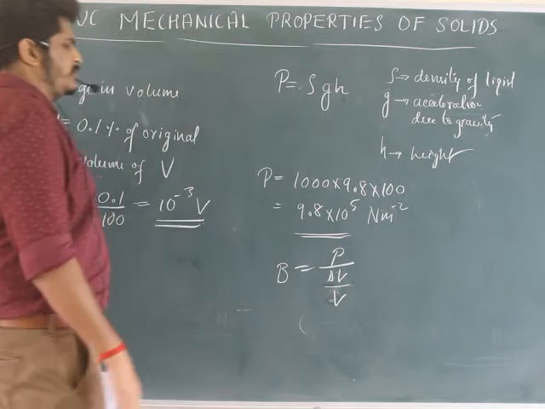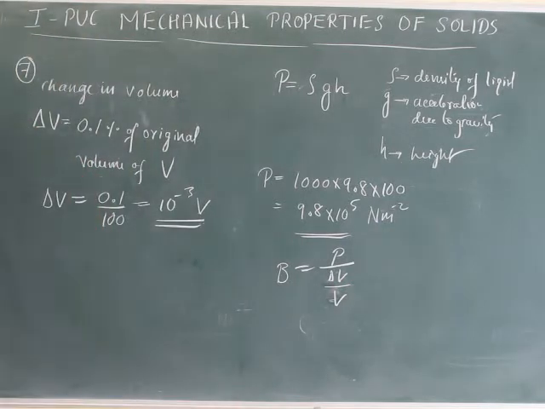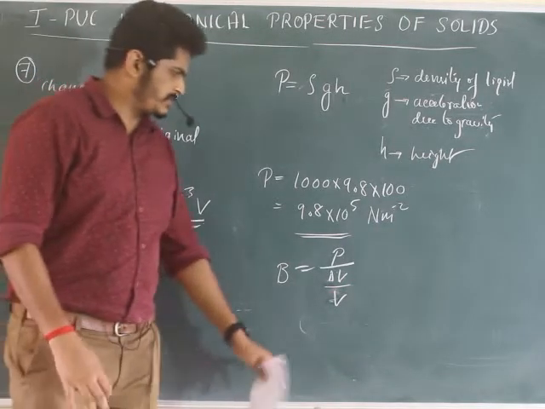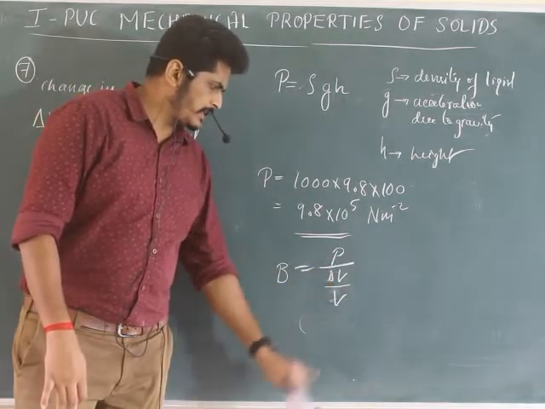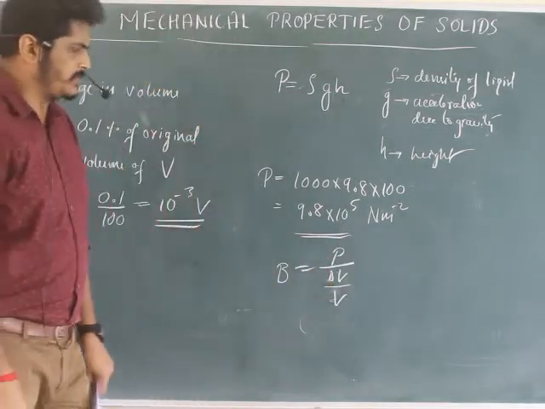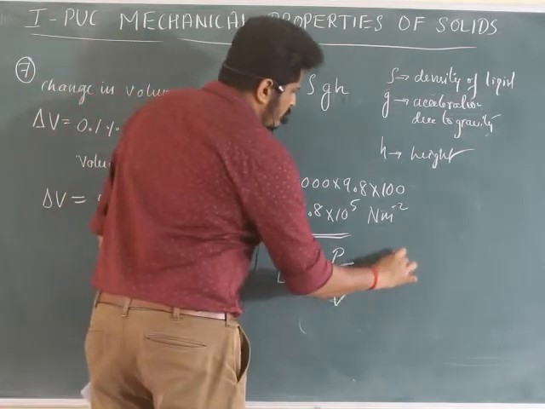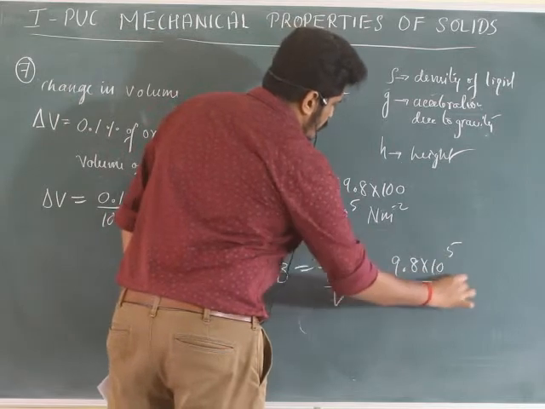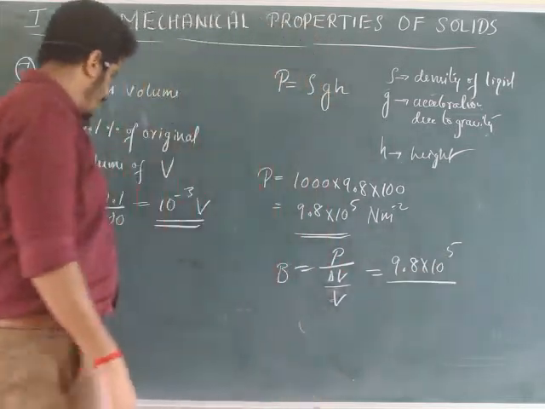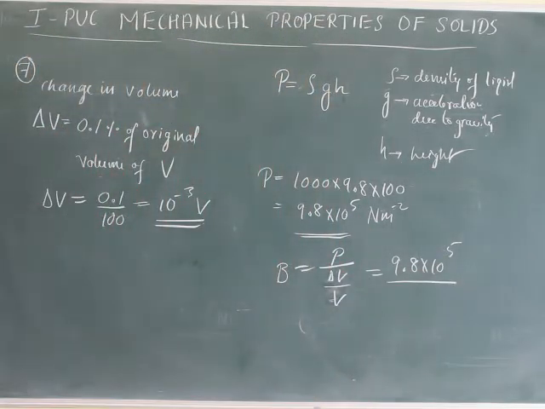In the sense, volume change or bulk strain we can take down. So stress by strain, the same concept. P by or pressure divided by delta V by V equation. So how much is that now? 9.8 into 10 power 5 divided by delta V by V. Here we have got what? Delta V we have.